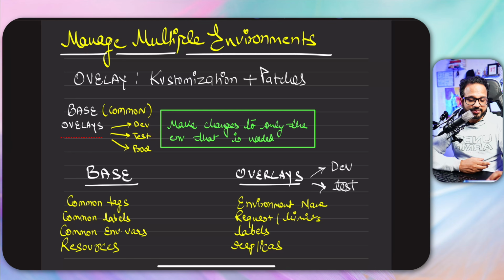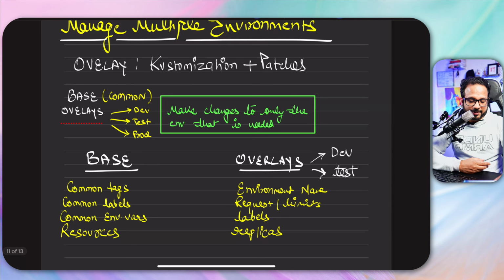You don't have to make the changes in the base environment or in all the environments. So you make the changes as per the environment specification. In the base folder, you provide your common tags, common labels, common environment variable, resources, like how did we do the mapping earlier, similarly resources, and then all the base configuration you added over here.